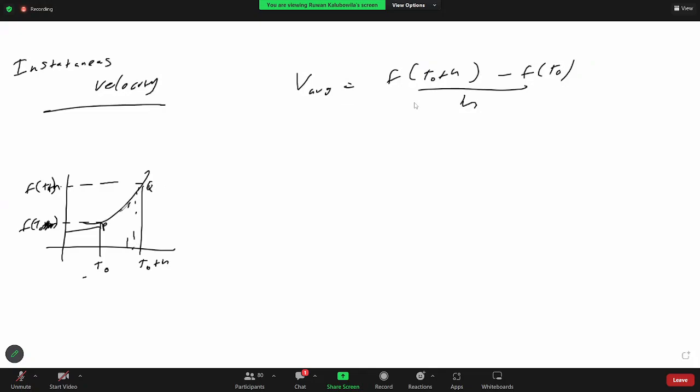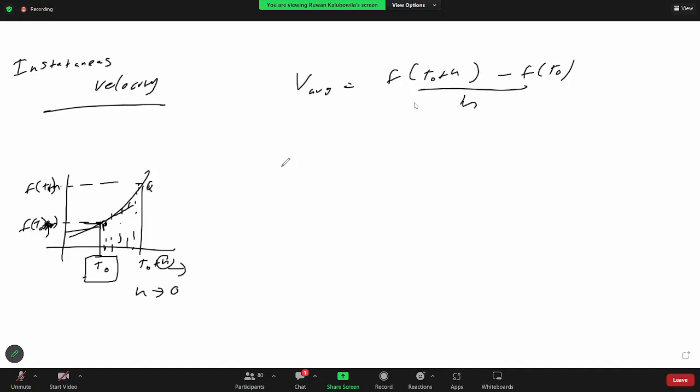This is P, this is Q, very near to P. So if someone said, please find the velocity at t naught, then what do you have to do? That means you are finding a tangent. Right? You are finding a tangent at that point. That's the velocity at that point. Earlier you had average velocity, but if you bring this h very close to 0, that means you are finding the instantaneous velocity.